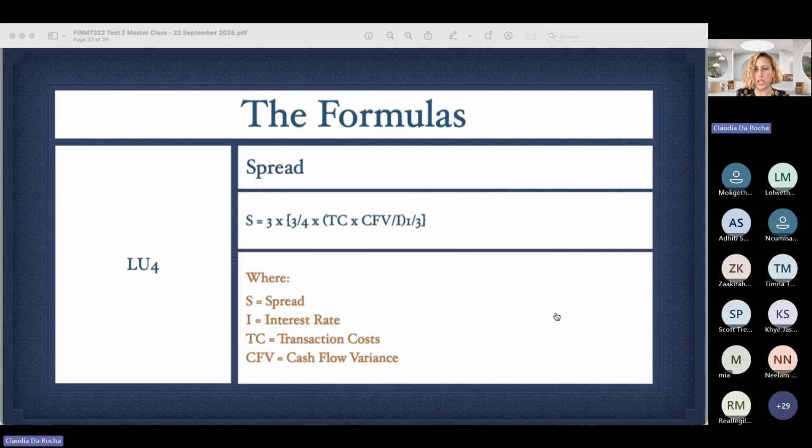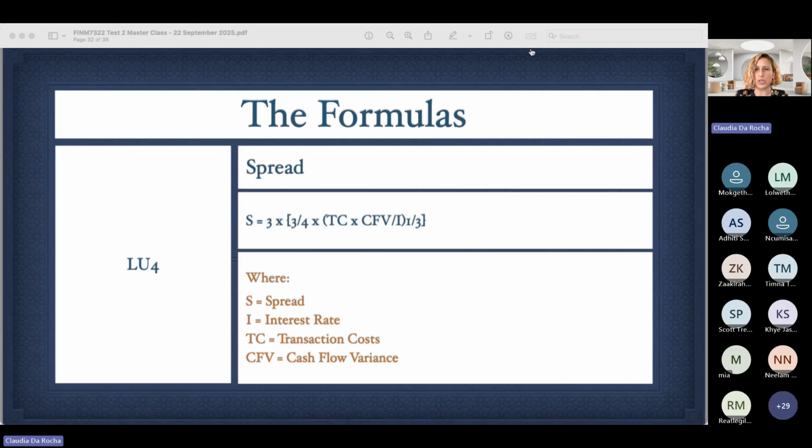I'm just going to respond to you on the chat. Any other questions before we dive into the formulas a little bit deeper? Doesn't look like there are any.